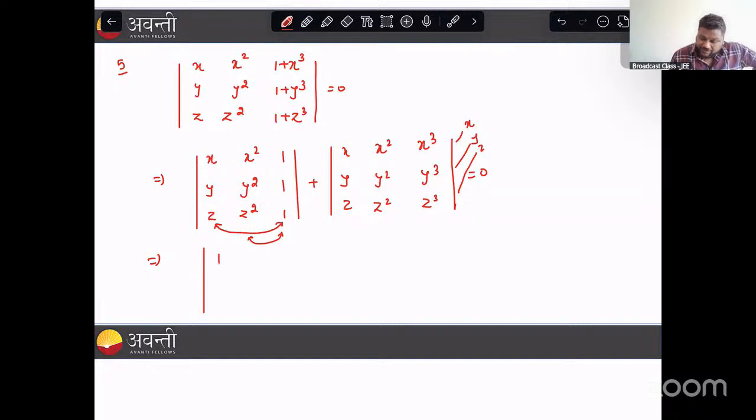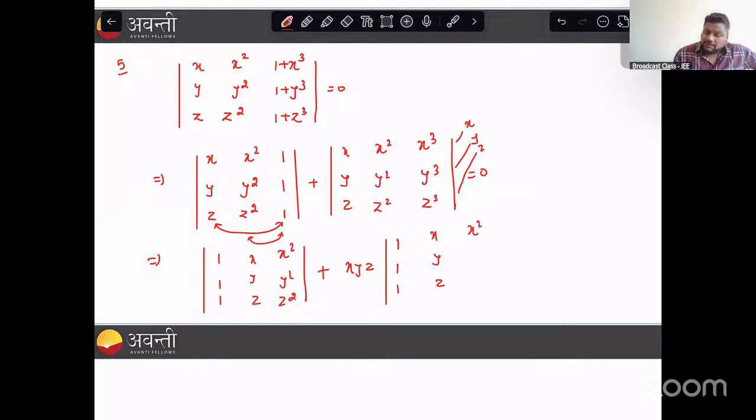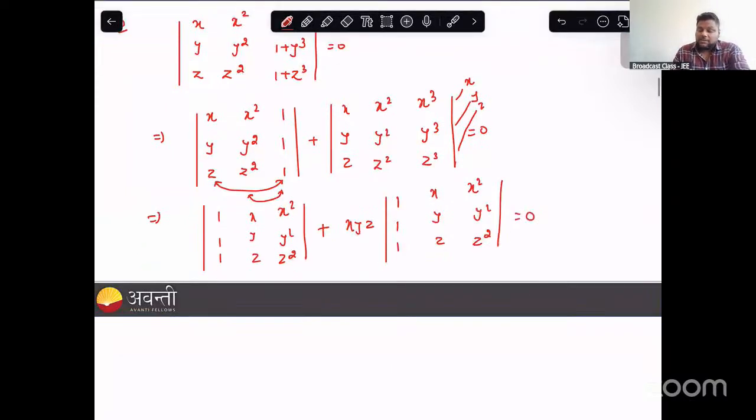So it will be 1, 1, 1; x, y, z; x square, y square, z square. Plus, if you take x, y, z common, it will be 1, 1, 1; x, y, z; x square, y square, z square, and this value goes 0.